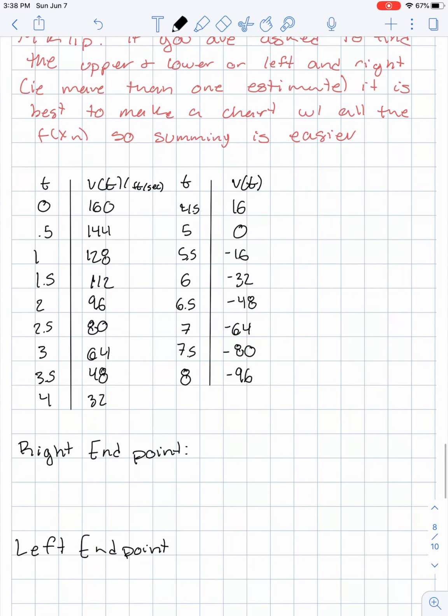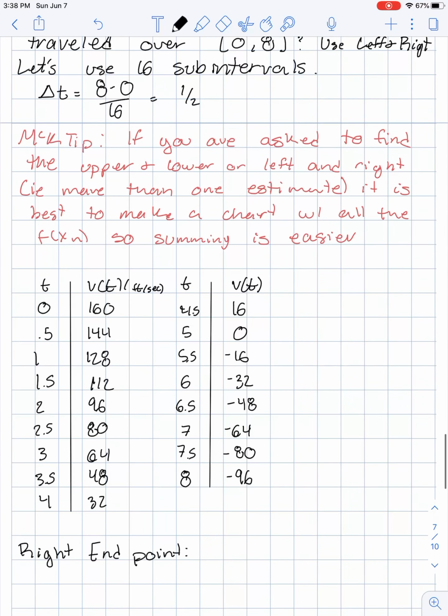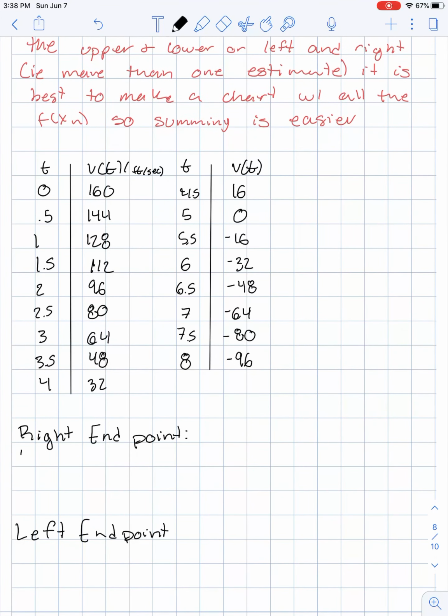So for my right endpoint, my delta t I know is 1/2, so I'm going to do 1/2 times my right endpoints. Sometimes writing a chart up and down like this, it's kind of confusing to see who's left and right. I originally had it going horizontal, but it took up too much space.